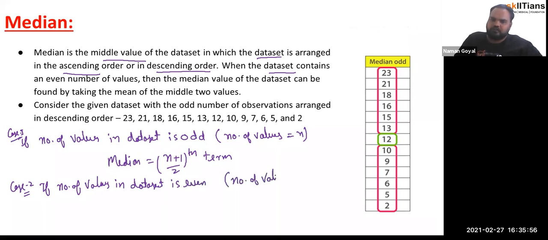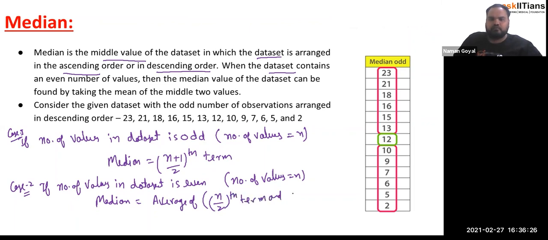Now the median is the average of the n by 2th term and the (n by 2 plus 1)th term.